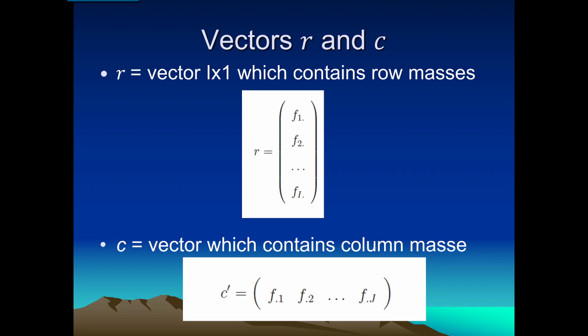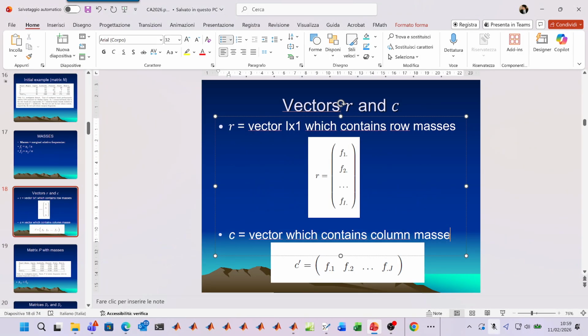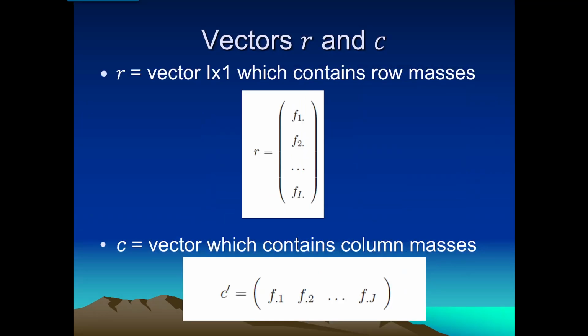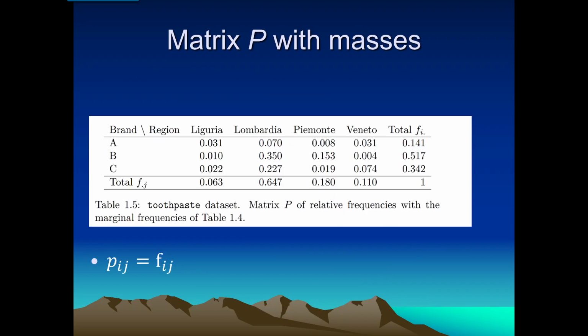Vectors r and c. The vector r contains the row masses, how important each row is with respect to the total, and the vector c contains the column masses. You see c prime, because the vector is a column; if you write it as a row, it is c prime.